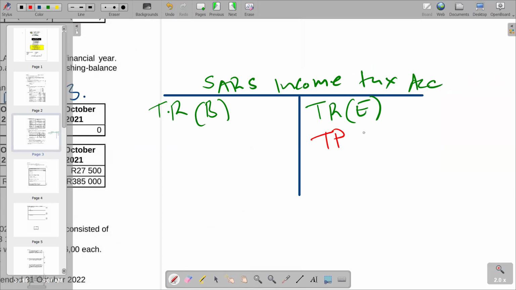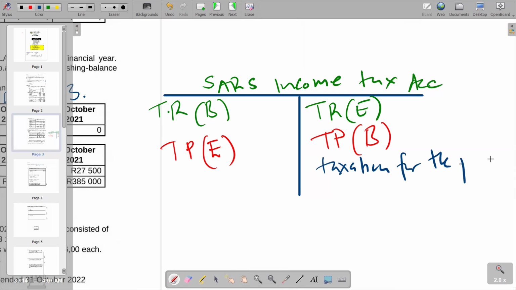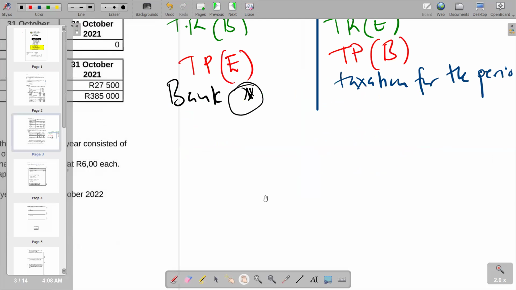Trade payables at the end will be on the debit side and should also appear on the credit side. Taxation for the period should be on the credit side. The amount to be entered in the cash flow statement is on the debit side, and it will be the balancing figure. This is exactly how we are going to enter it as we prepare.